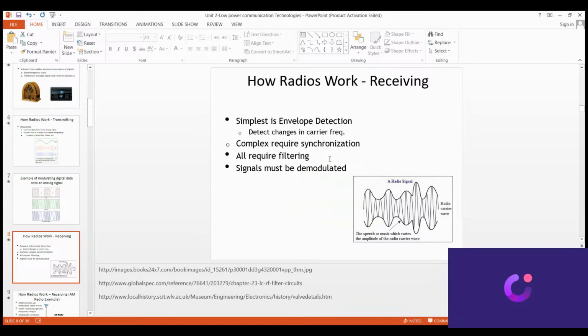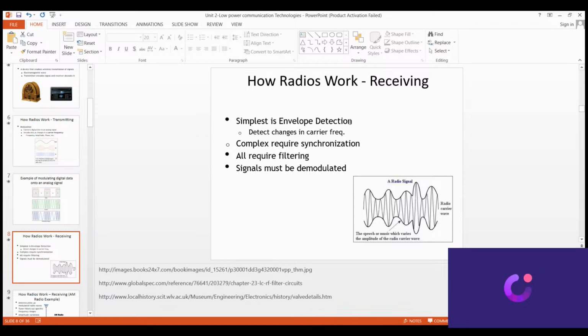Now on the receiving end, we have what is called envelope detection, which detects changes in the carrier frequency.